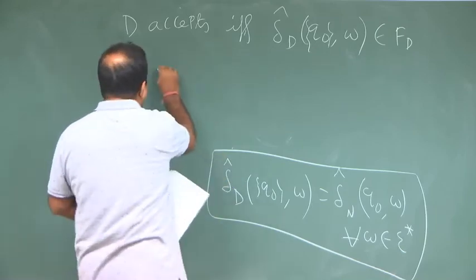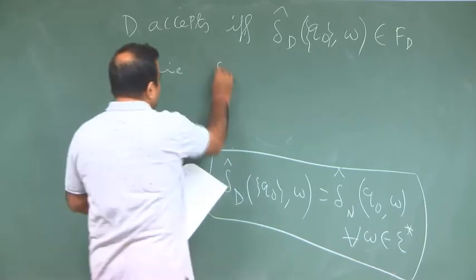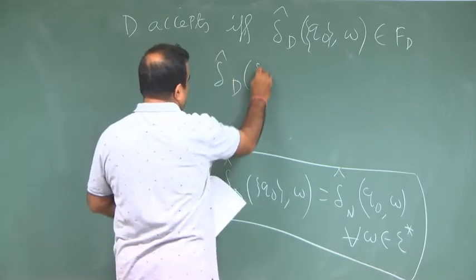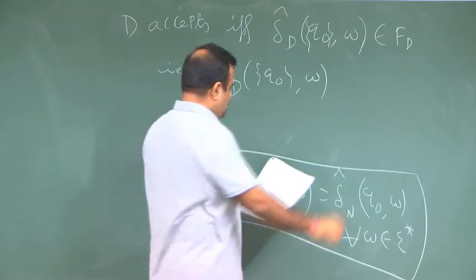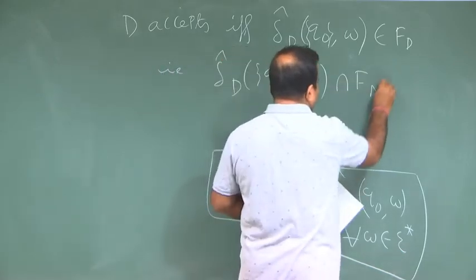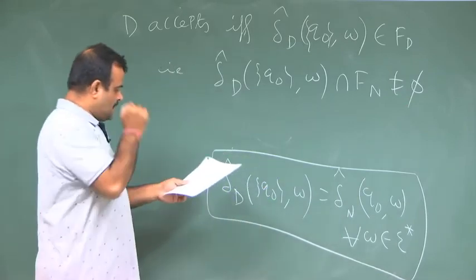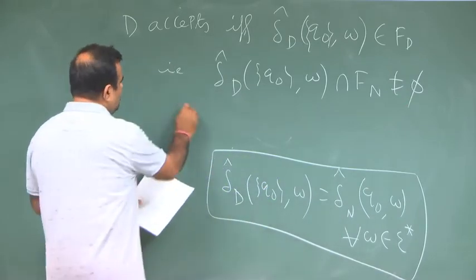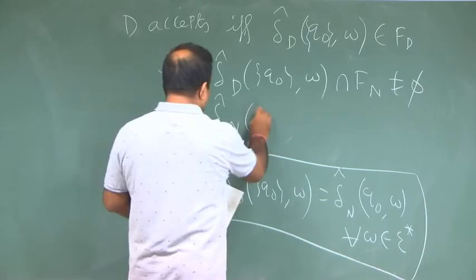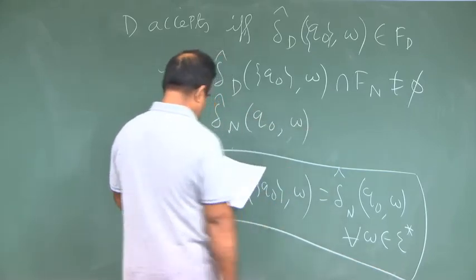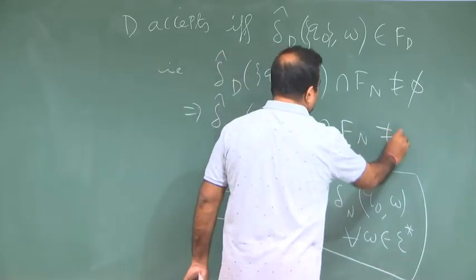So, that is delta hat of q0, w intersection Fn is not null. So, this implies delta hat n of q0, w intersection Fn is not null.